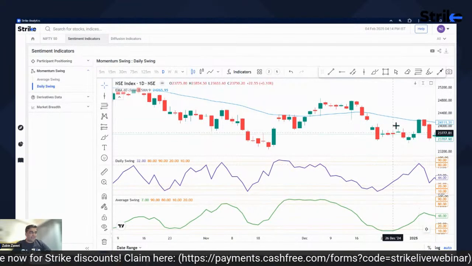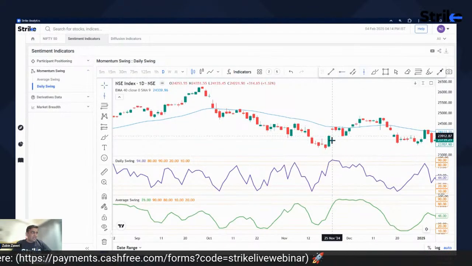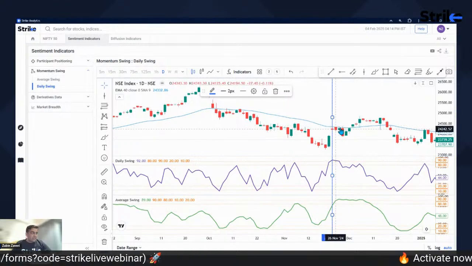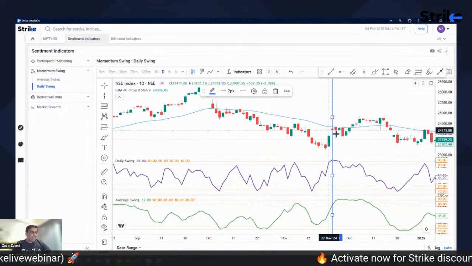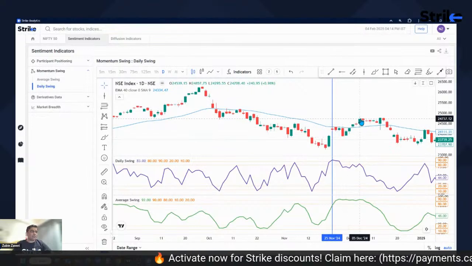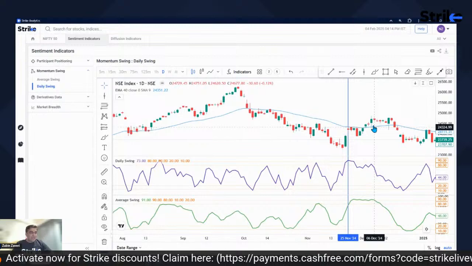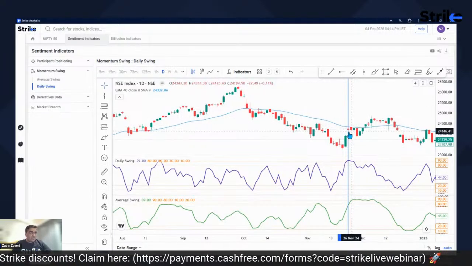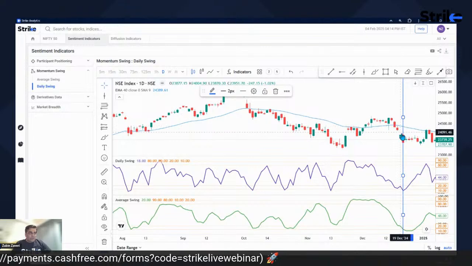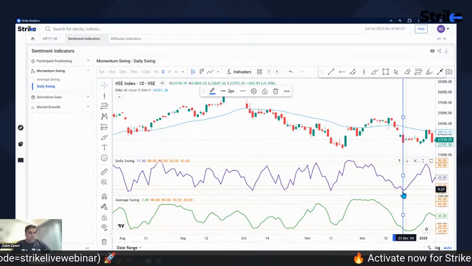Now look at this over here. It went into an oversold territory. Nifty was below the 40 EMA, and from there you saw a short term decline in the market, and then there was a pullback. Now what happened after that? The prices over here were below the moving average, and this was at the extreme bottom.